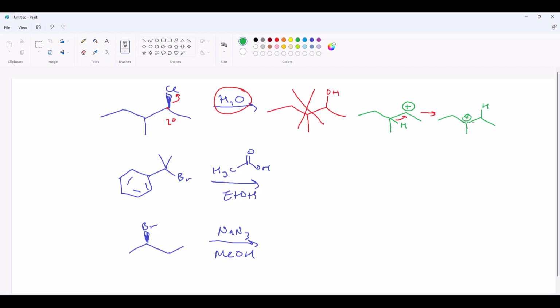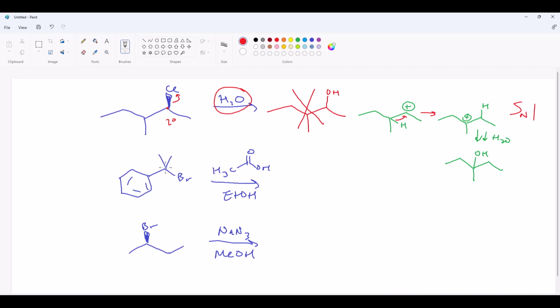Because we can do that shift and form a more stable carbocation, the substitution is going to occur at this tertiary position instead of this secondary position. So our actual product would be substitution at the tertiary position, not the secondary alcohol. You'd end up with the tertiary alcohol. And as we confirmed, this is an SN1 type mechanism.